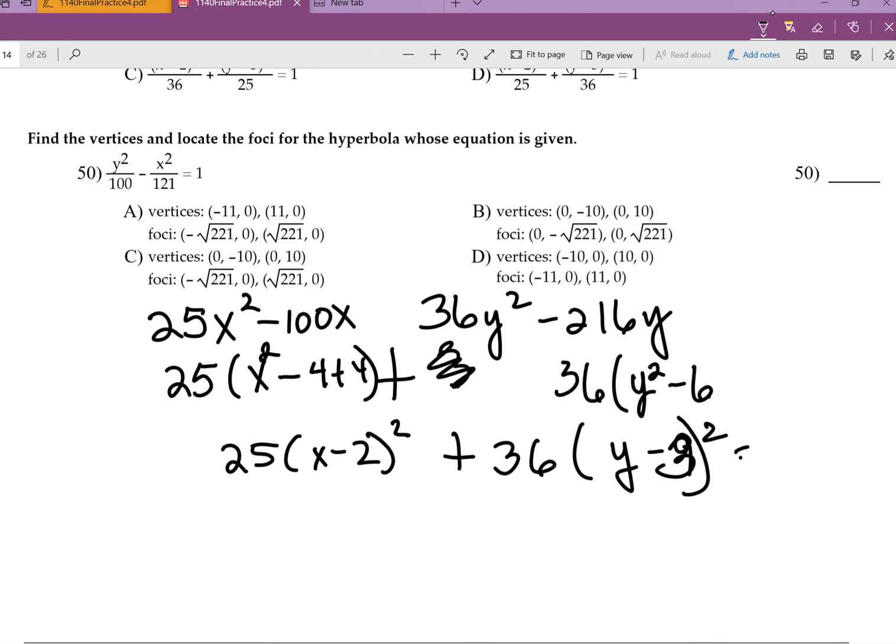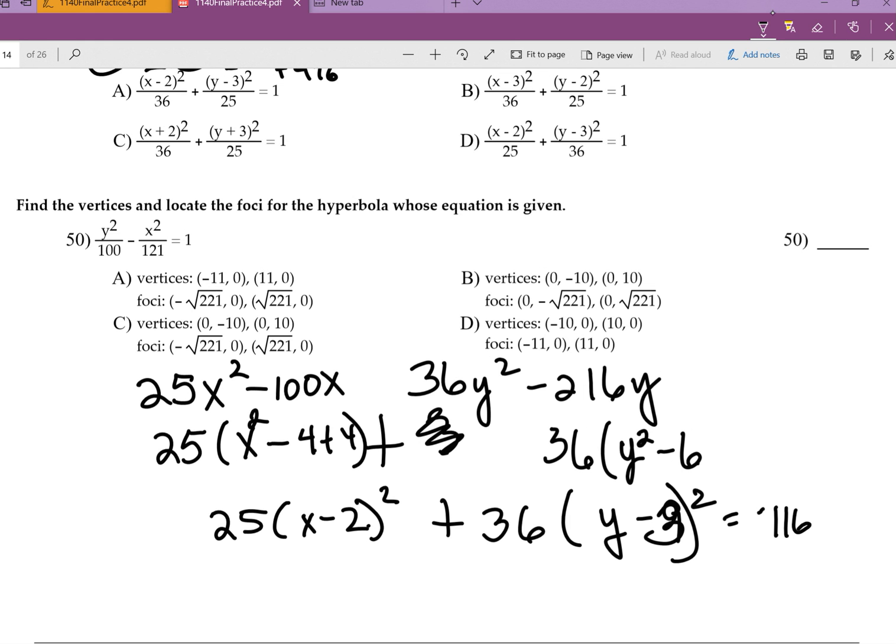And this is equal to our number, which was 416. But we have to add what we just incurred here. So remember we added a 4, and 4 times 25 is really, we're adding 100. And here we added a 9. So we need to keep that in mind and add that as well.